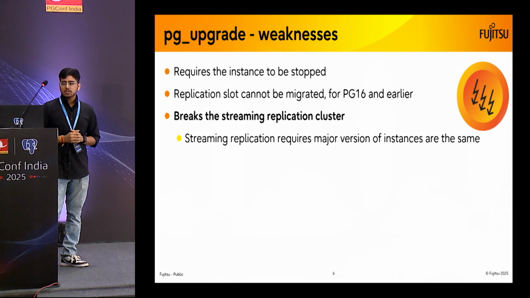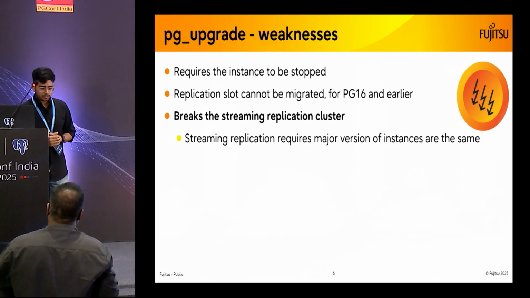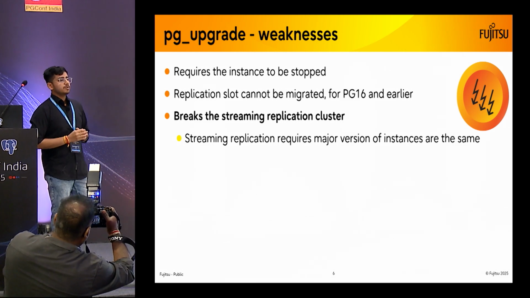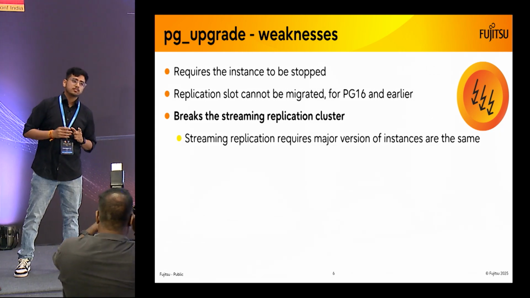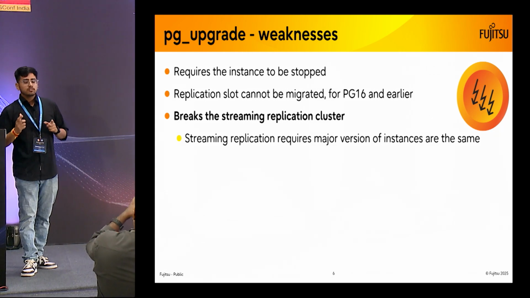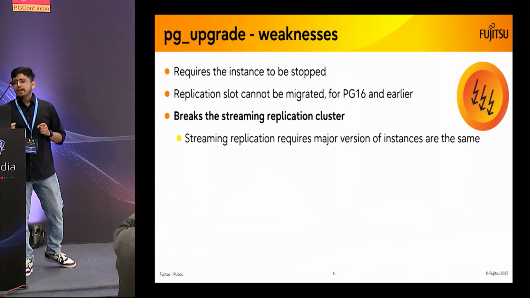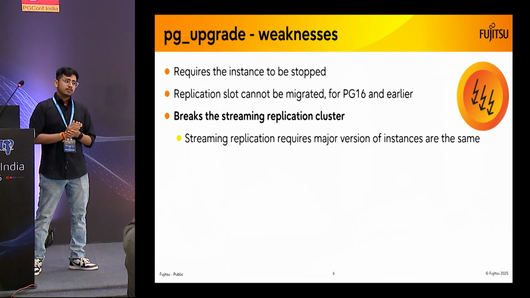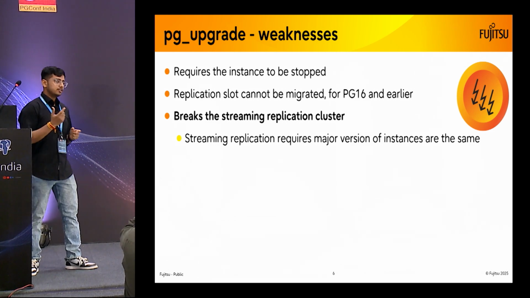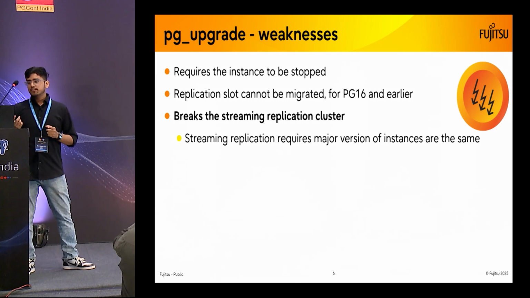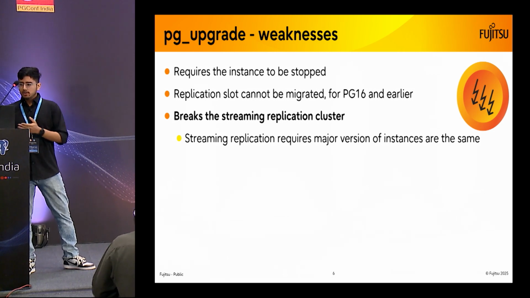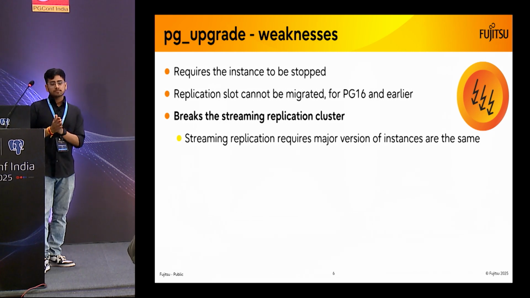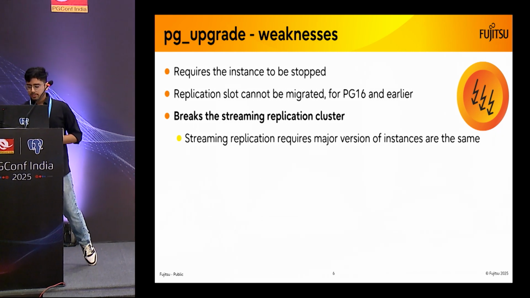Next, pg_upgrade can break the streaming replication cluster. The basic requirement of a streaming replication cluster is that both instances of the cluster should be on the same Postgres major version. But pg_upgrade can upgrade a single instance at a time. That's why upgrading an instance of a cluster can break the streaming replication cluster.